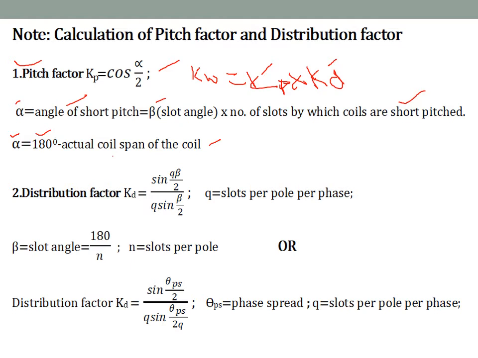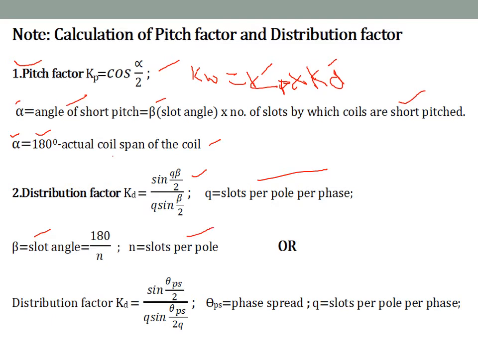And distribution factor Kd can be found out using sin Q beta by 2 divided by Q sin beta by 2, where Q is the slots per pole per phase. Beta is the slot angle, which is equal to 180 by N, where N is the slots per pole.